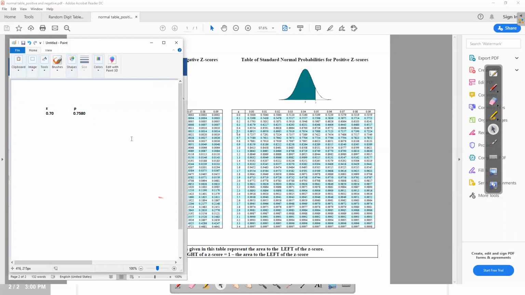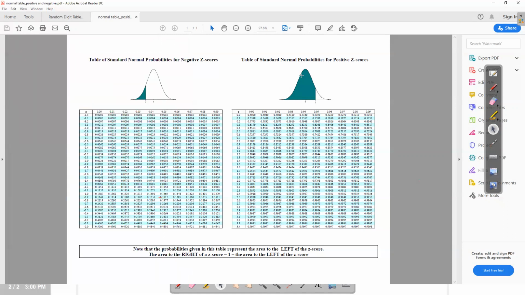Then what is that relationship? That relationship is given on the top density curve here. The shaded area will be the probability value you read. So that shaded area is the probability, and then the Z-score is going to be the boundary.